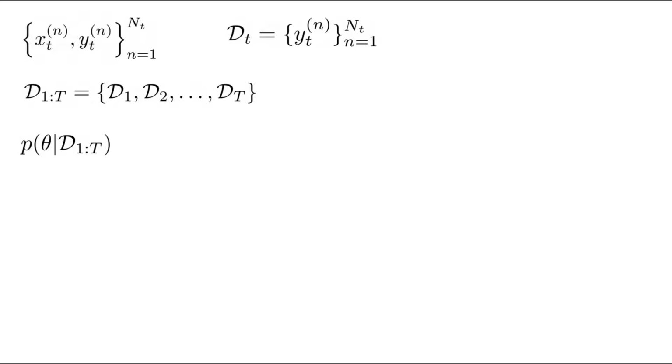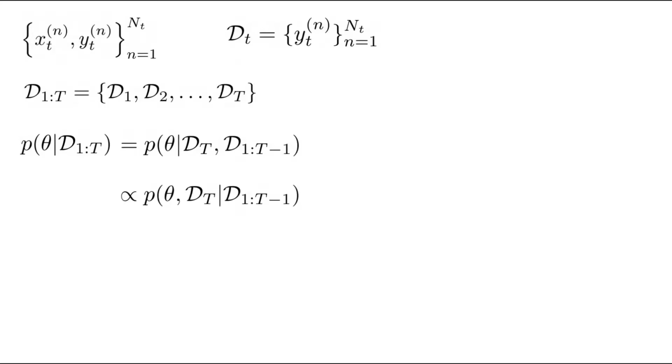Okay, because the datasets are independent, I'm going to break up the final dataset term from all the old datasets. From the definition of conditional probability, we know the result is proportional to this line. And hence, from the definition of intersection, we can write it like this. Note, we could have jumped to this line directly by using Bayes' rule.